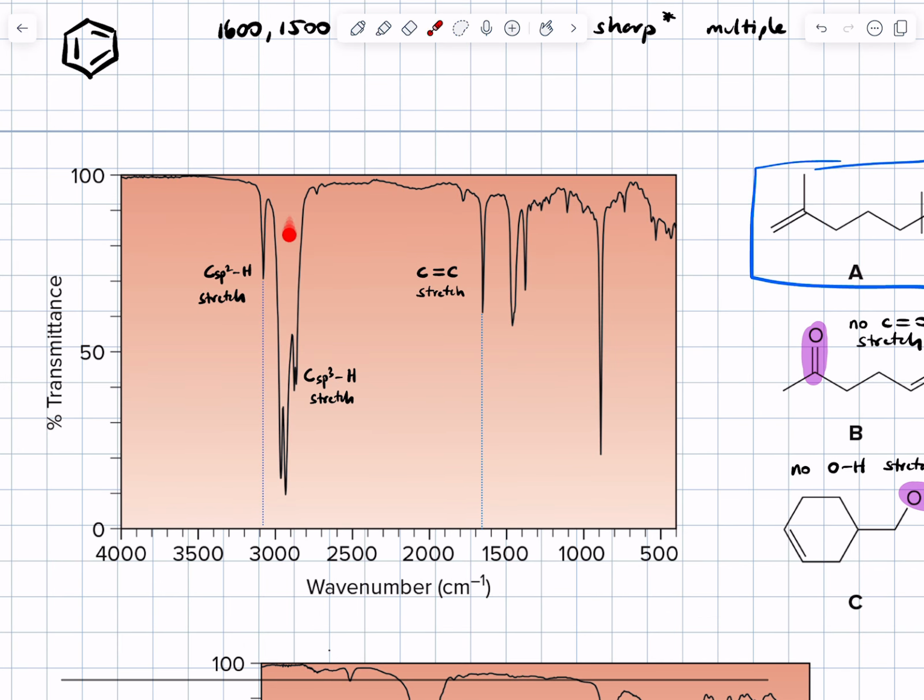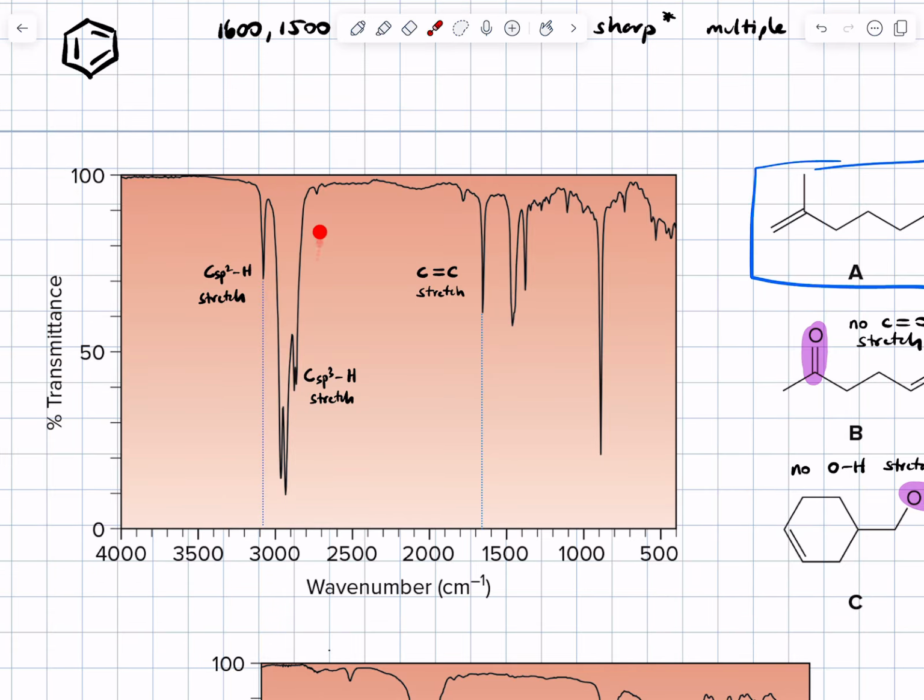So when you see a narrow, strong peak like this at around 3,000, you need to be thinking, I probably have some sp3 hybridized carbon-hydrogen bonds. And I expected that to be the case because this is organic chemistry and all organic molecules have carbon in them and CH bonds.